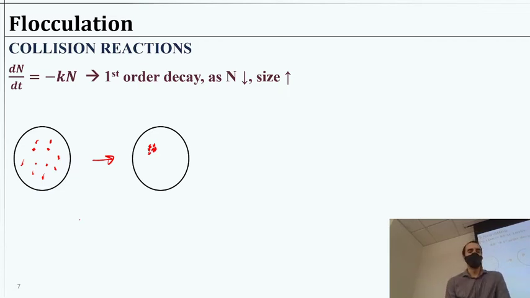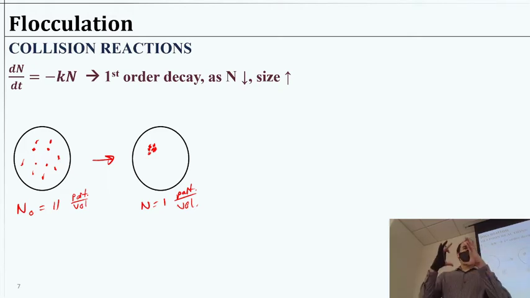Okay, so we went from an initial n equals 11 particles per volume and now we have just 1 particle per volume. So what I'm showing here is we take some set volume, and then we're changing the number of particles by causing them to stick together. That is our dn dt.